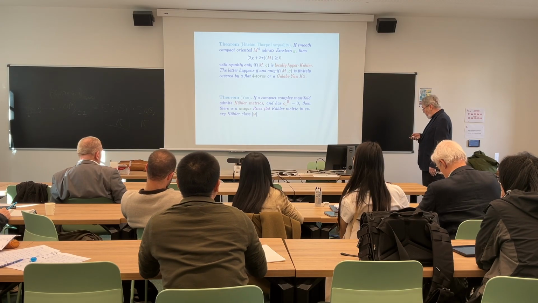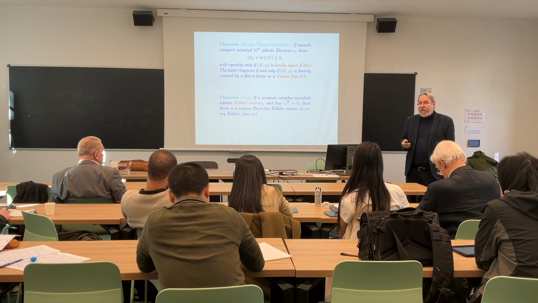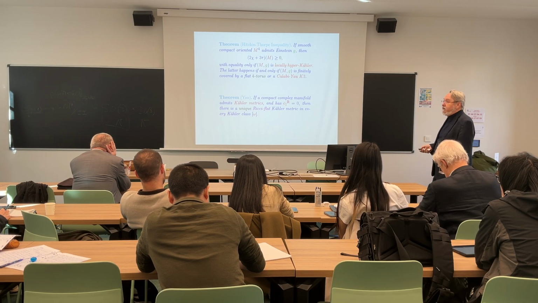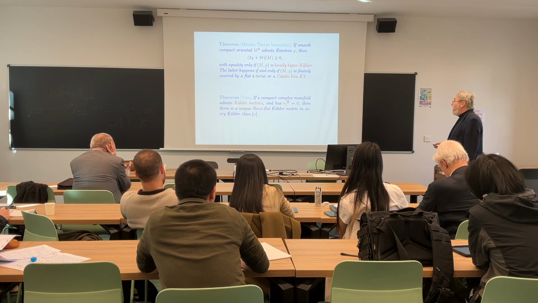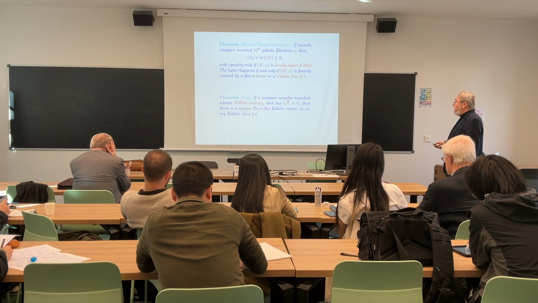On the other hand, why are these called Calabi-Yau manifolds? Well, it's because the existence of metrics of this kind depends upon a remarkable theorem. It's really what Yau got a Fields Medal for.